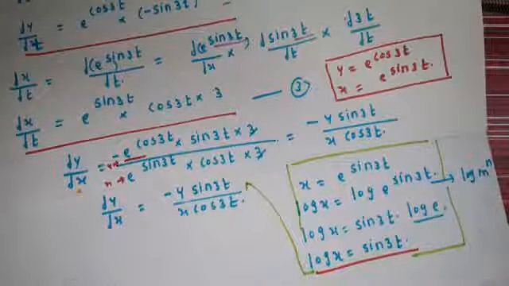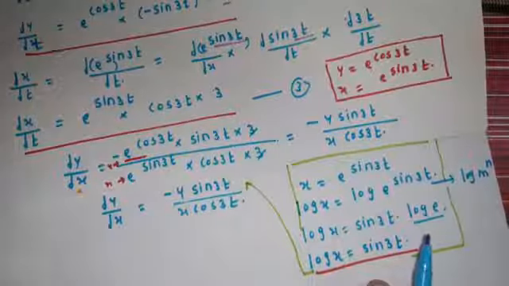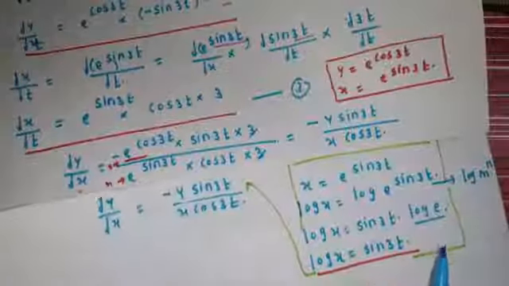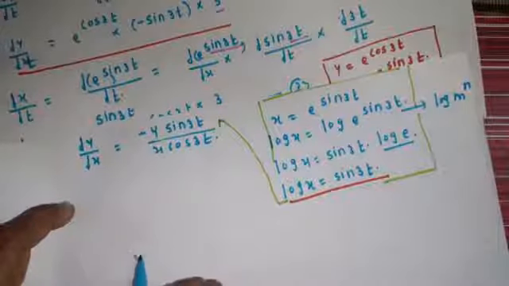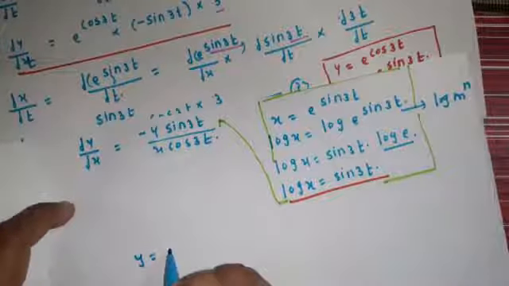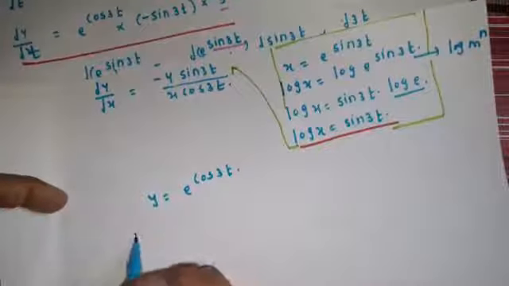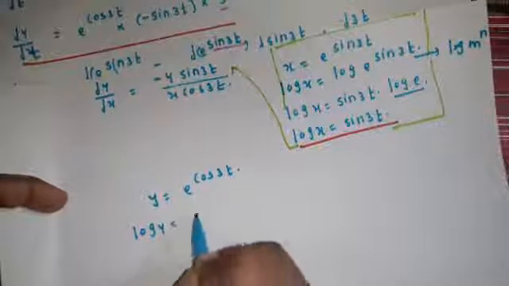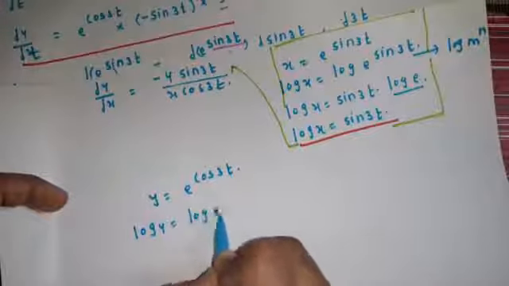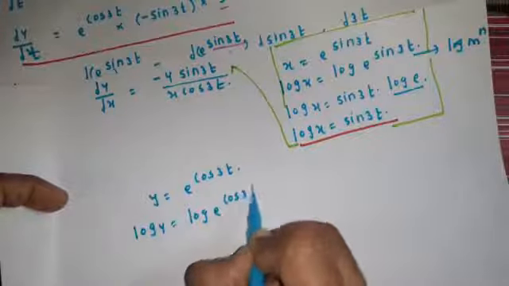Similarly, now what is y? Y equal to e raised to cos of 3t. Again taking logs on both sides, we will get log of y equal to log of e raised to cos of 3t.